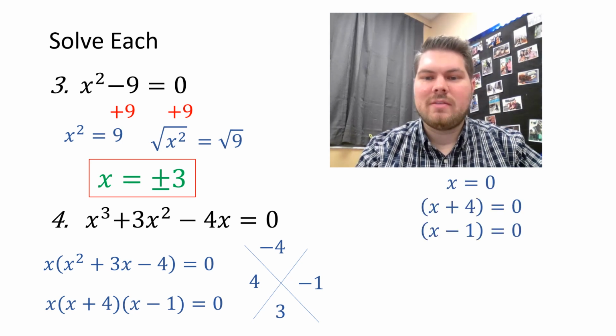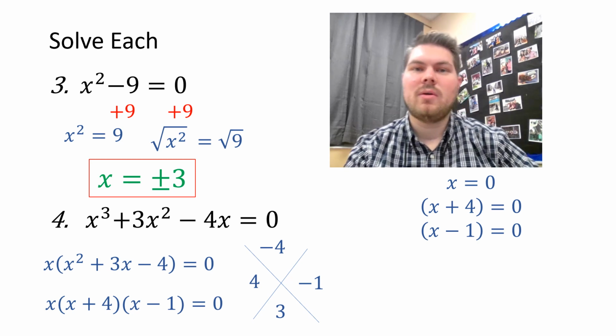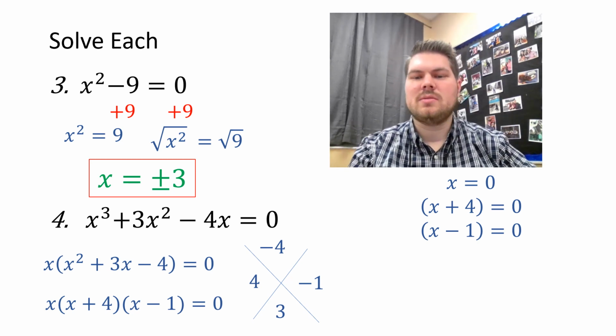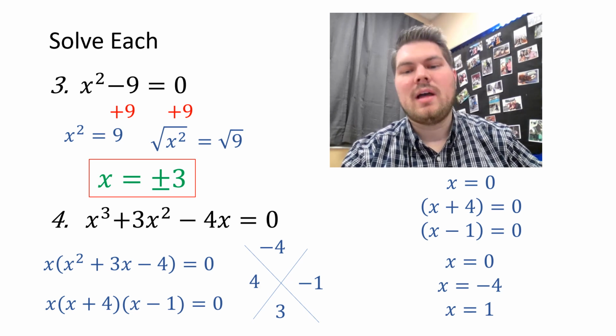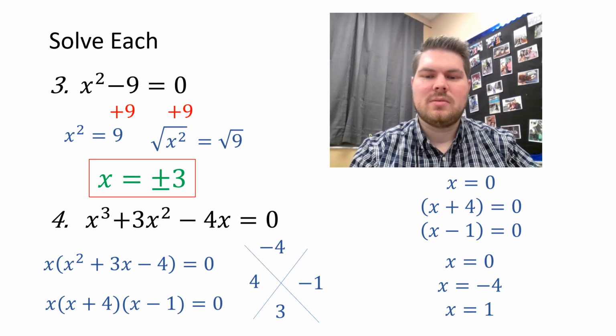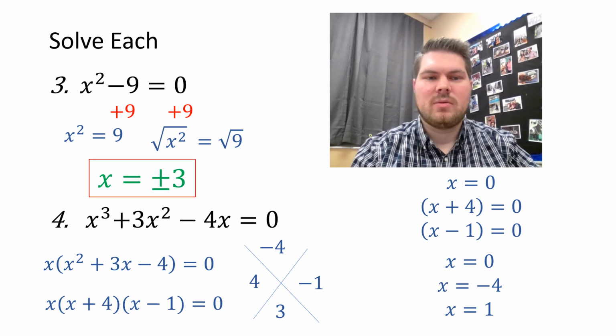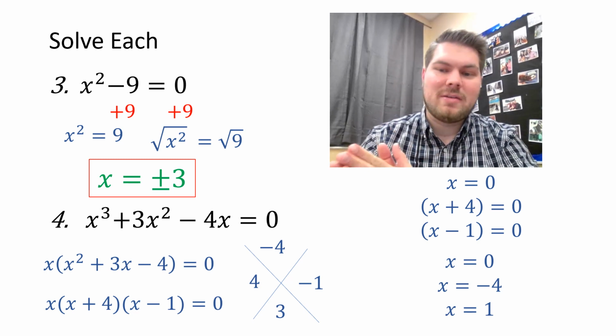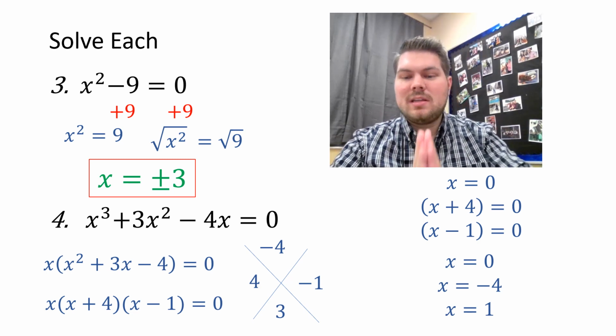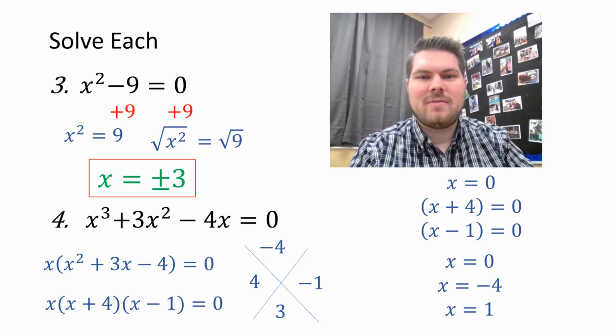And here you have that if we have x equals 0 and x plus 4 equals 0, x minus 1 equals 0, we get that x equals 0, x equals -4, and x equals +1. And those are how we solve equations by factoring. And so we're going to keep solving polynomials by factoring.